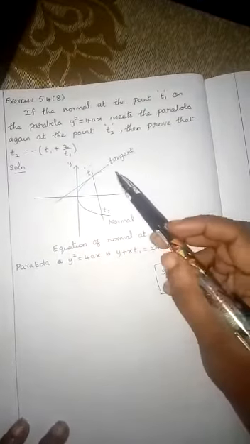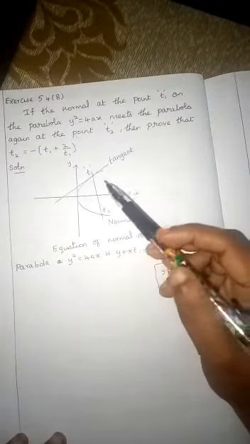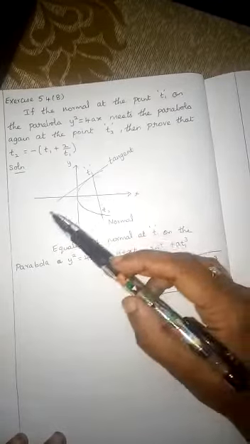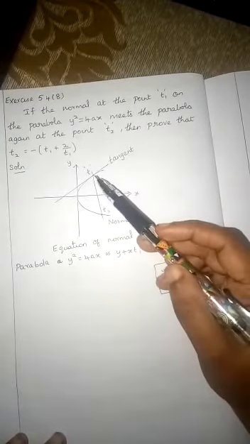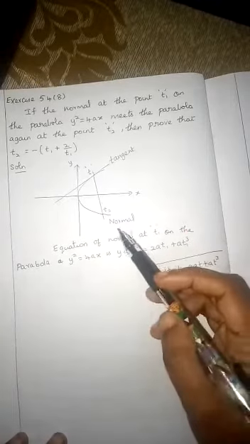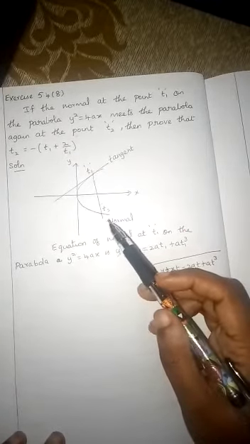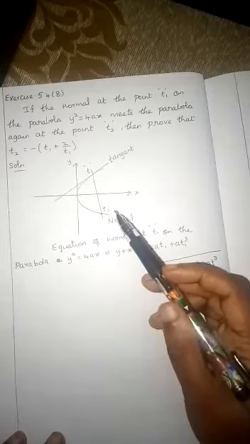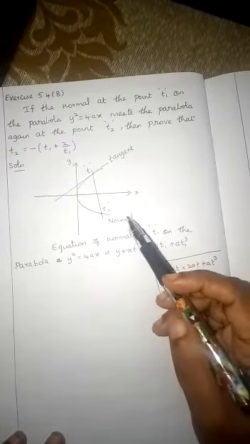So you take a parabola here, and I am drawing a tangent at t1. And at this point we can draw the normal also, isn't it? The normal I am drawing here, and the normal intersects the parabola at another one point, and that is given as t2. You want to prove this condition, t2 equal to this one.